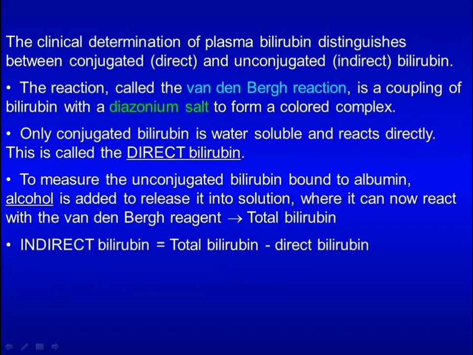To measure the unconjugated bilirubin bound to albumin, alcohol is added to release bilirubin into solution, where it can now react with the van den Bergh reagent. This will give total bilirubin. Indirect bilirubin can be determined by subtracting direct bilirubin from total bilirubin.